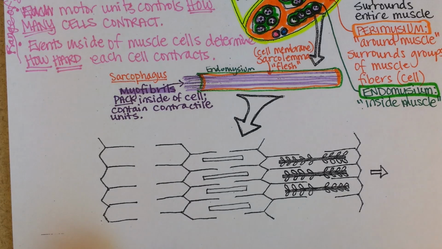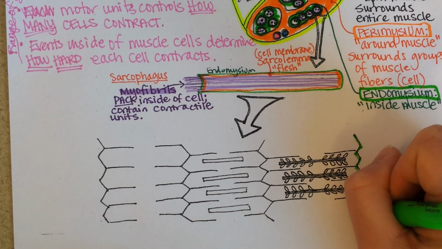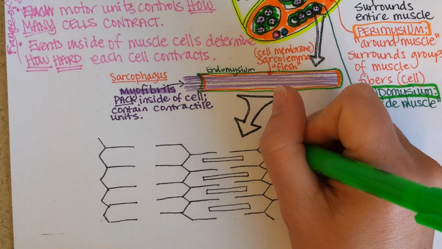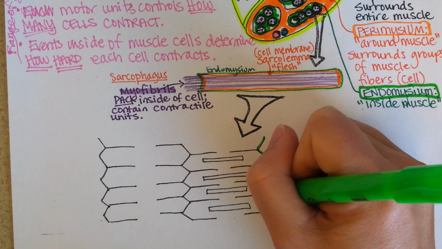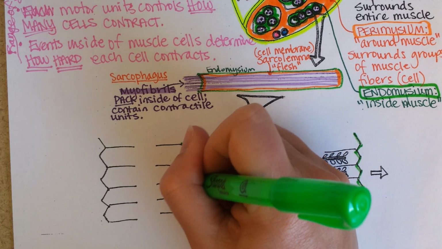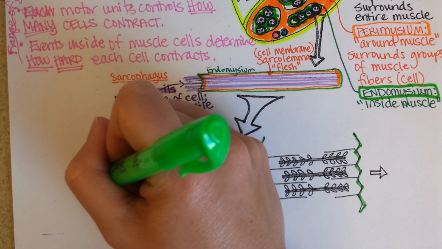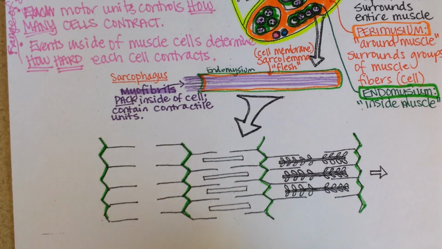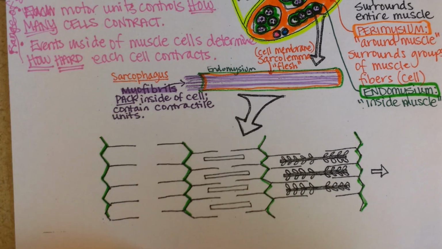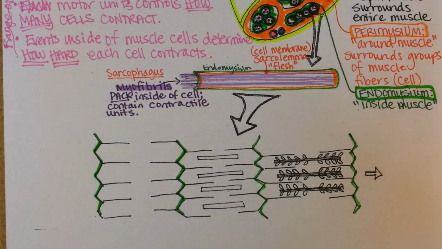These, let's use a green pen. I'm going to show you what's called the Z line, and the Z lines are what separate sarcomeres. So here's one sarcomere right there, and then here's another one, and here's another one. So in my little drawing, I've put 3 sarcomeres, and like I said, there might be 2,000 sarcomeres in one muscle cell, or one myofibril of a muscle cell.